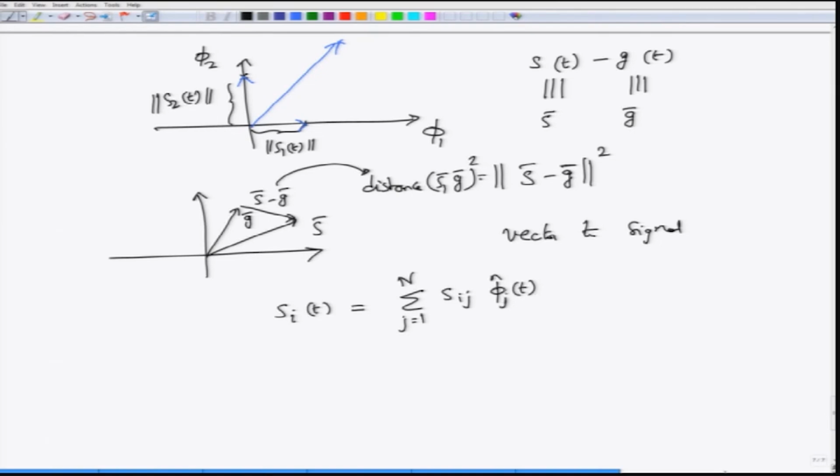Is that okay? The equivalent way in which I can write this down is by giving it as a vector and calling this vector Si.